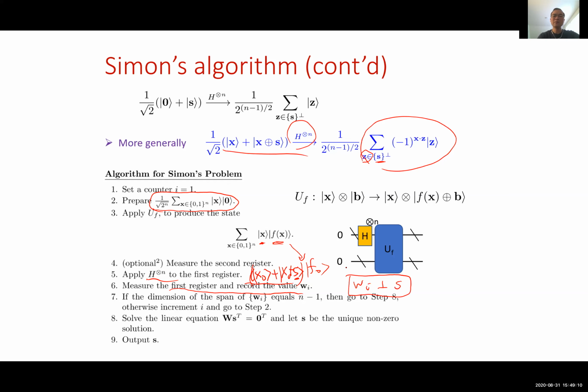And you repeat many, many times so that you collect enough vectors. So you collect w1 vector, w2 vector, etc., wk, let me say. The s has to be orthogonal to all these vectors. Okay, so you can figure out s.